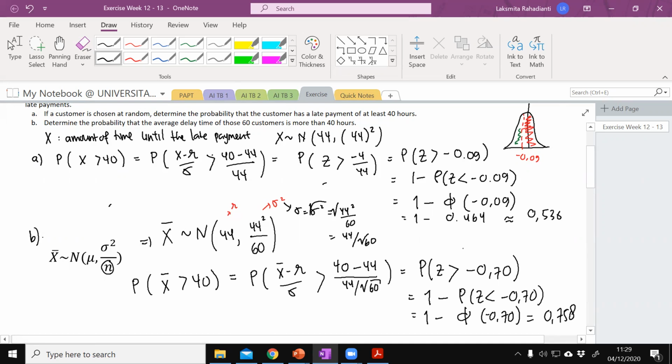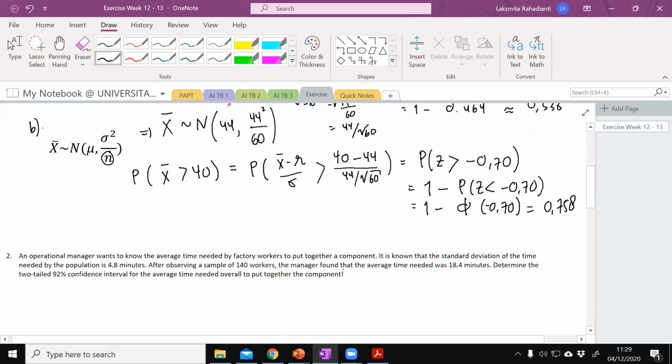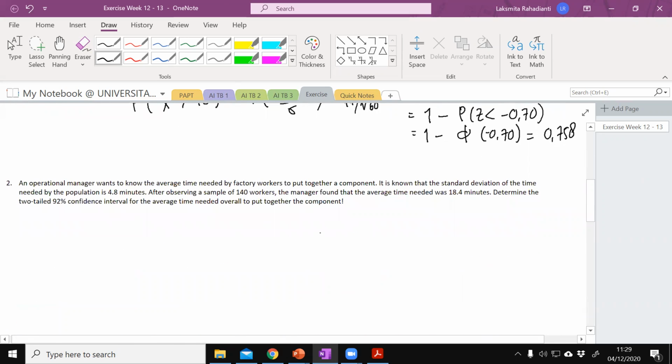Okay, so that's the first problem. We have already reviewed the normal random variables and what happens when we try to combine them. So now I'm going to go on to number 2.